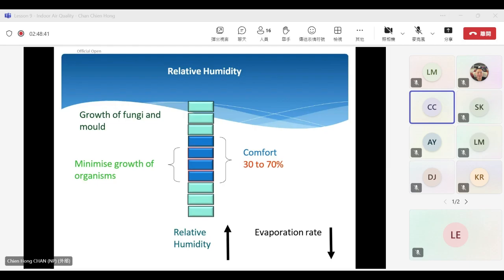And that's the reason why in some museums or places where you keep artifacts, if you want to keep the mold away, you have to maintain the RH in the space to something below, say, 50%. So that's the effect of relative humidity of the air.